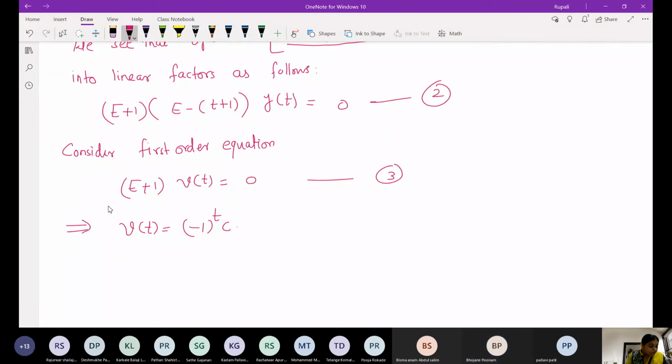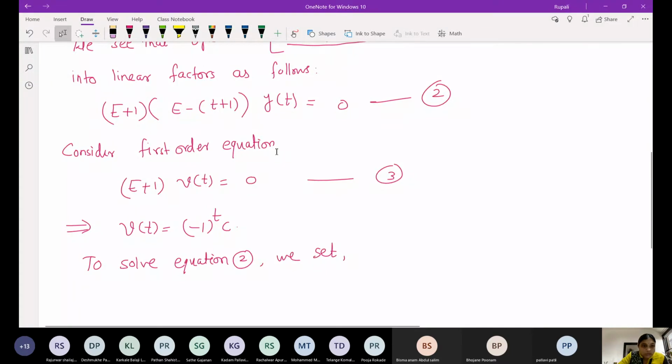This is the solution of equation 3. Now I want to solve equation 2.